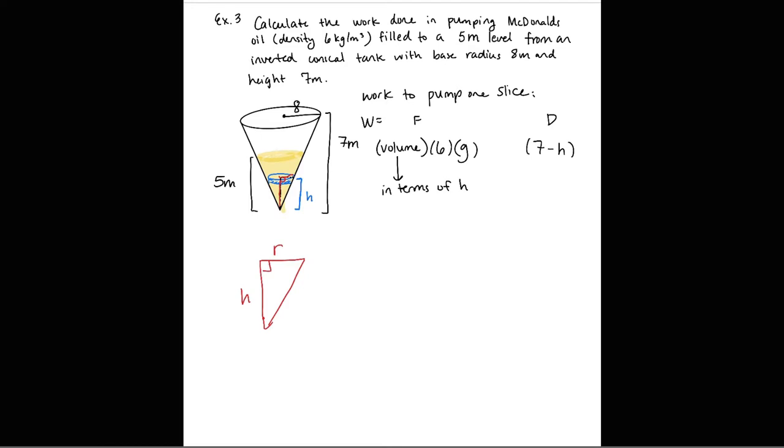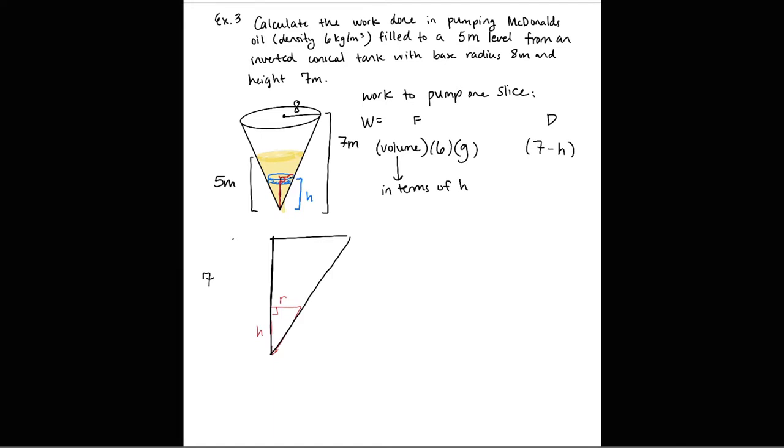So let's look at this triangle as a part of a bigger triangle. This is a proportional right triangle to the big right triangle, the side of the cone. This side is 7.